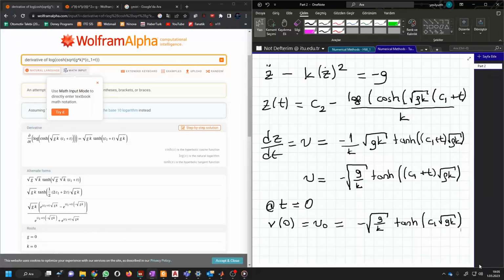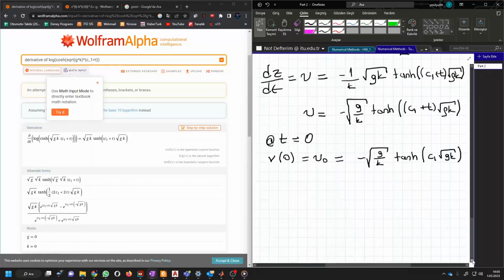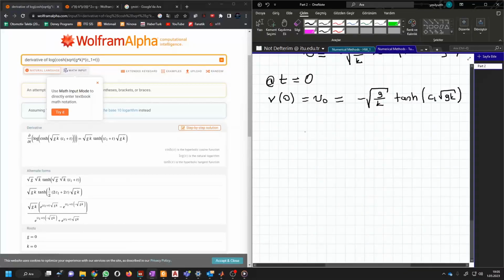So we can write this equation again: minus v0 times square root of g over k will be equal to tangent hyperbolic C1 times square root of g times k.